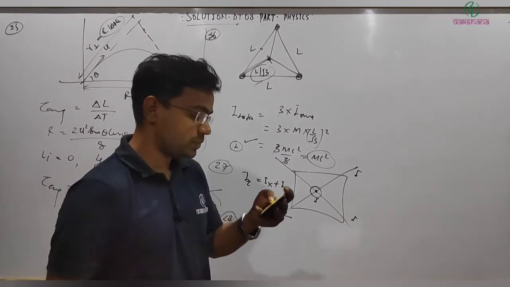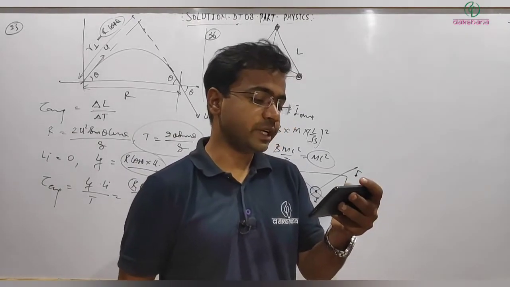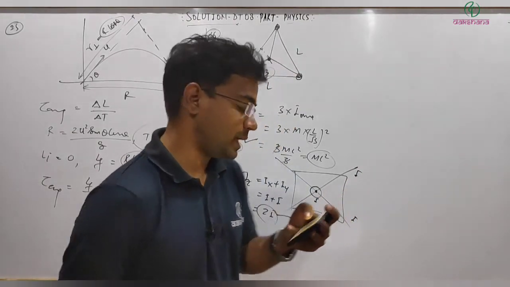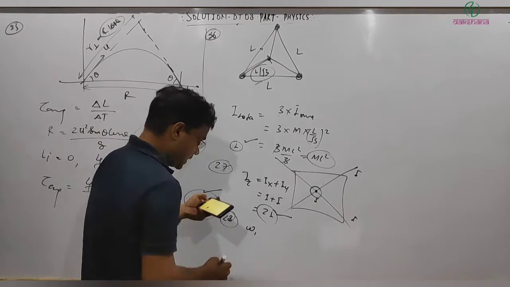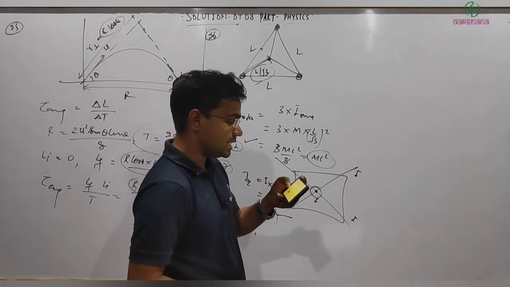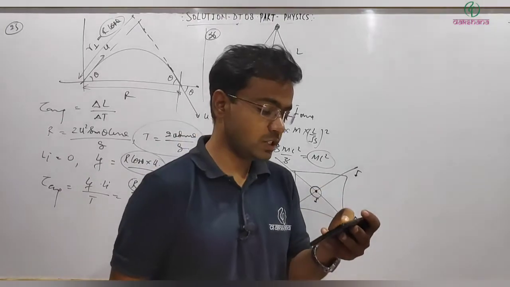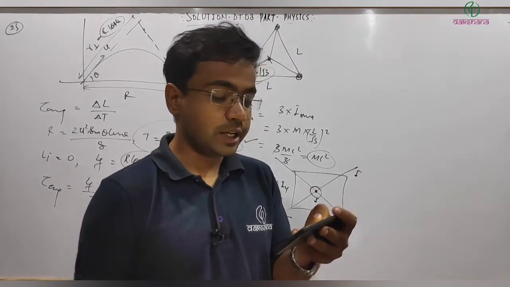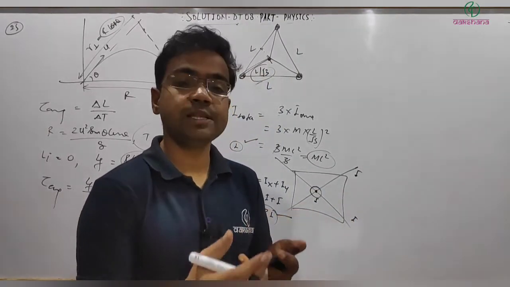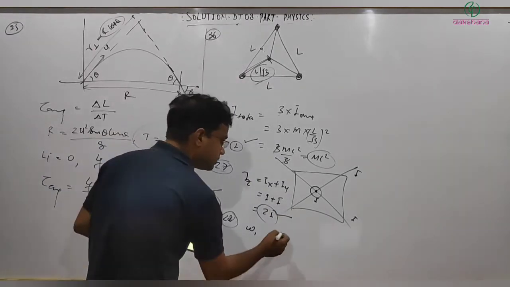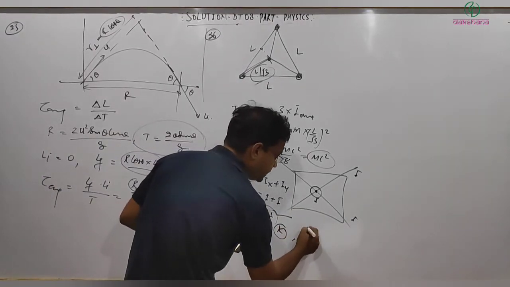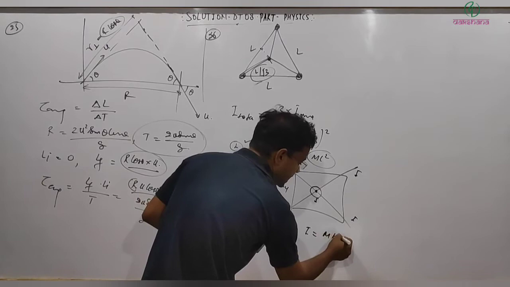Next, 28. A ballet dancer is rotating at angular speed omega, and the ballet dancer folds his hands and body close to his axis of rotation, by which the radius of gyration decreases by 1/4. So if the radius of gyration is initially k, then I can write the initial moment of inertia as m k square.